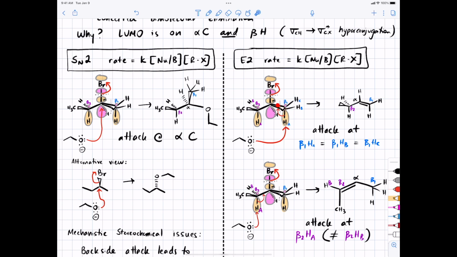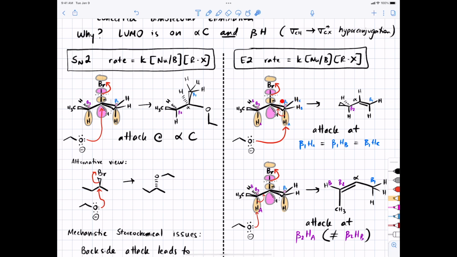If we were to do a Newman projection and look down this bond between beta carbon 1 and alpha carbon, we would see that hydrogen A here, blue hydrogen A, is anti to the bromide leaving group. And notice that the LUMO is only on those protons that can be anti to the leaving group. The LUMO is not on protons C and B here, because they are not currently aligned with the leaving group.